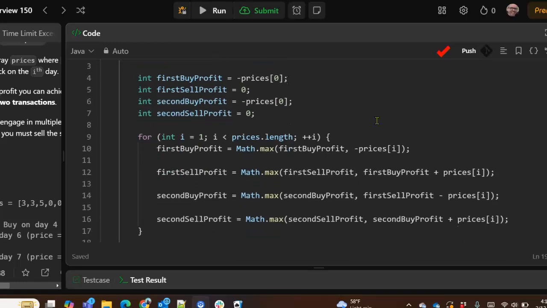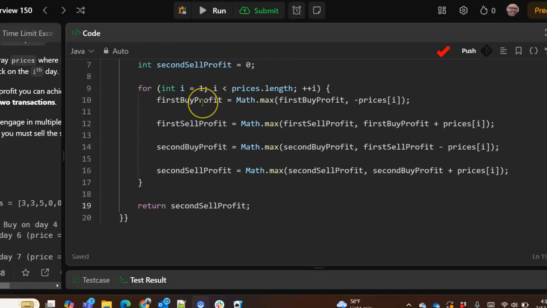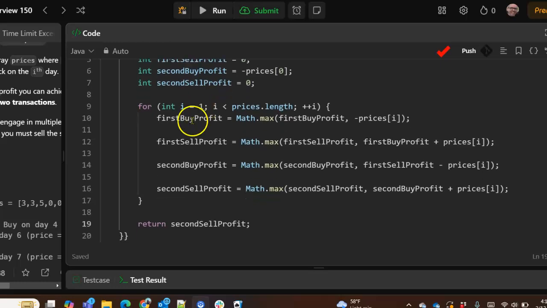All right, after that, we start computing first buy profit. We want to maximize the first buy profit. So if we can buy at a better price than we're currently buying at, then we do that.